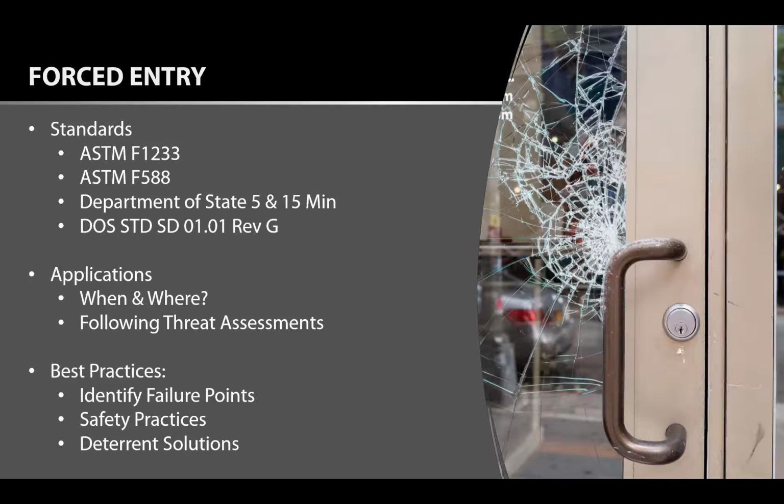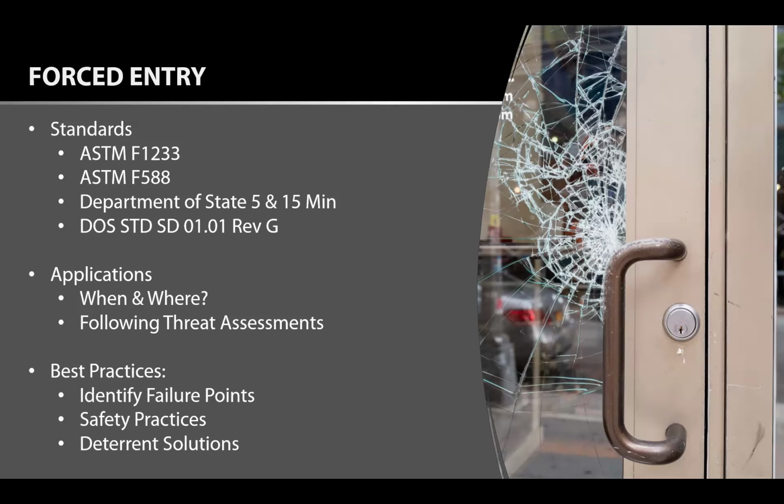All right, and they're the same across all of them, but they differ a little bit based off some of the requirements. To give you an example, with F1233, they could give you a ticket window or a door that they say is ballistic and forced entry rated. You have one individual that has 5 minutes to break through it with a hammer and other small types of tools, and by the method how they attack it, all right?